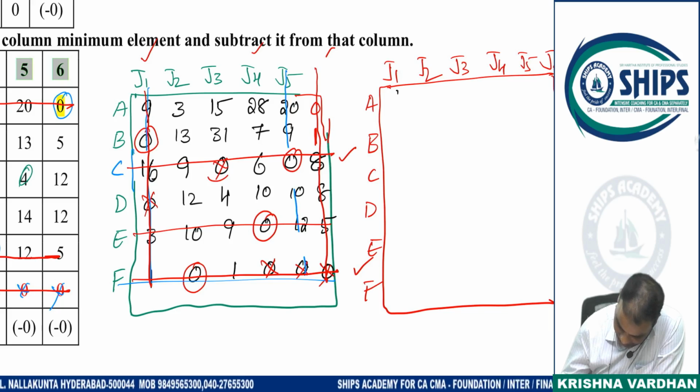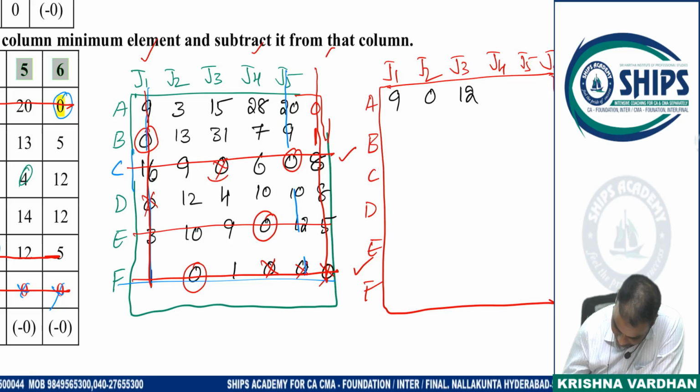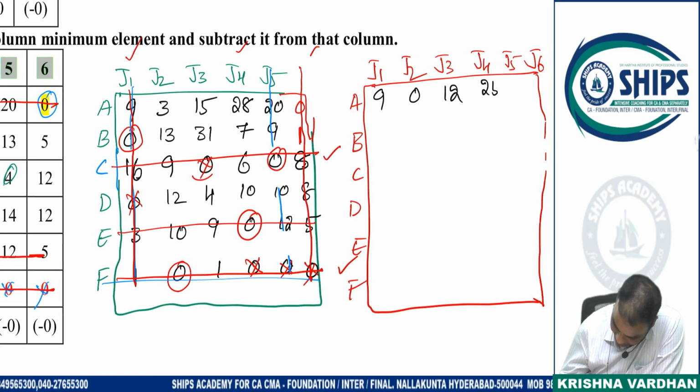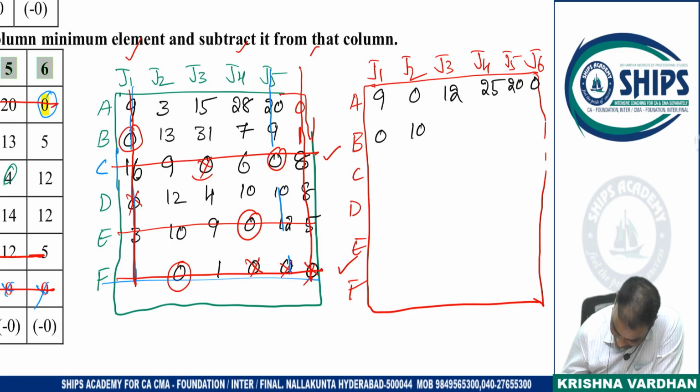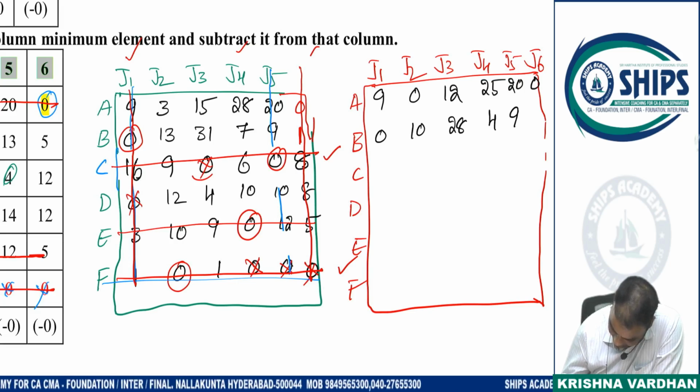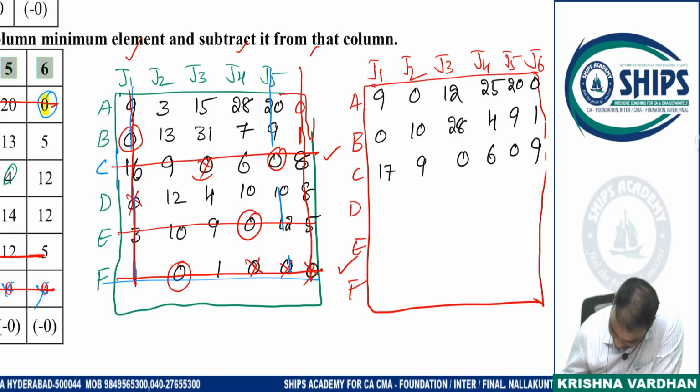First one 9. Minimum number is 3 kada. 0, 12, 25, 20, 0, 0, 10, 28, 4, 9. That was 1 earlier, no? So 1, 17, 9, 0, 6, 0, 9. D 0, 8, 8 kadu, 9, 9, 1, 7.